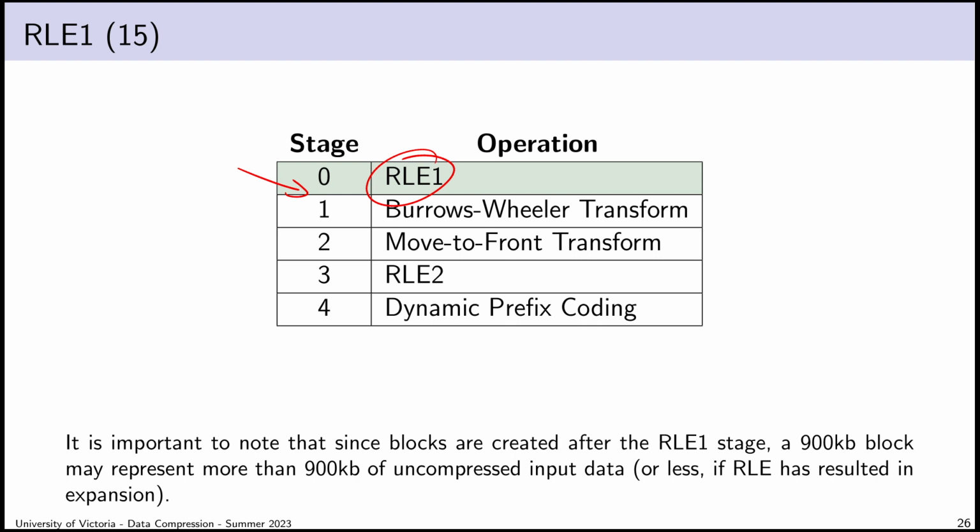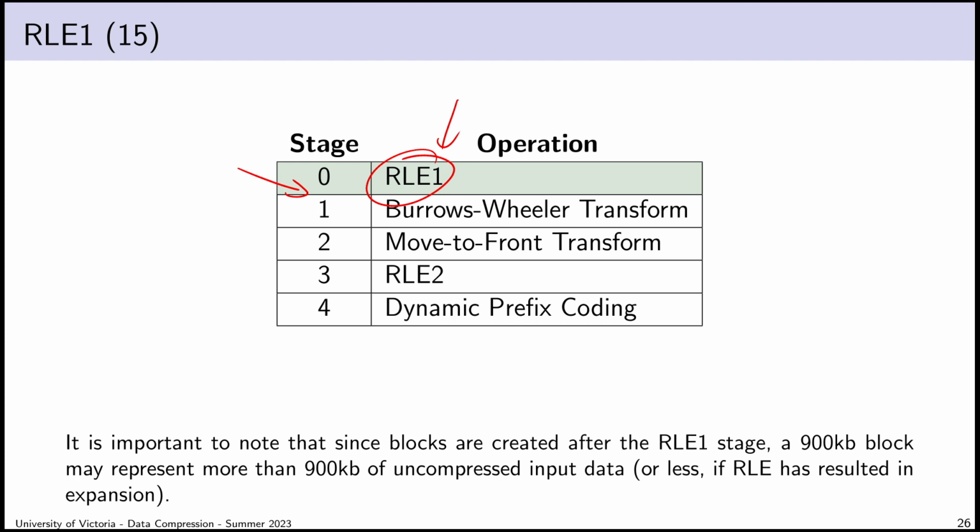I guess the idea there is, if I'm performing a BWT with a 900 kilobyte block, I want to make sure I give the BWT legitimately 900K of data to work with. I don't want to make a 900 kilobyte block and then have RLE1 make it smaller, because first, that would mean I'm not getting the most effect out of my BWT, and second, it would probably make the compressor a little bit more clunky to implement.